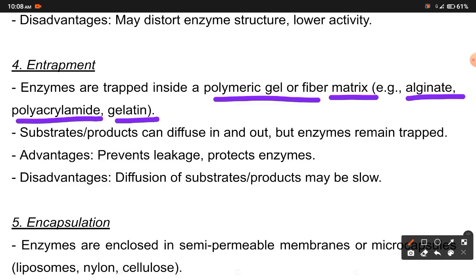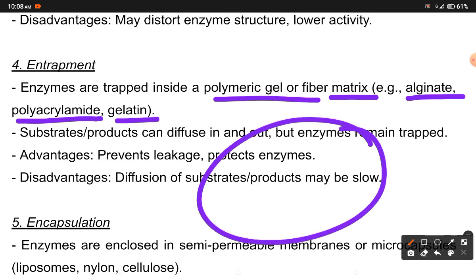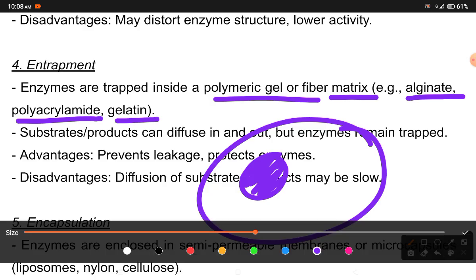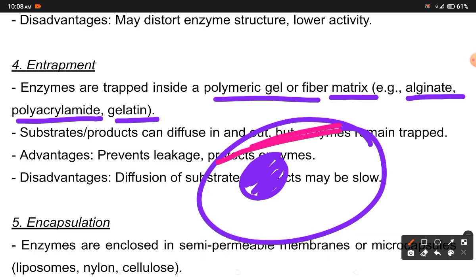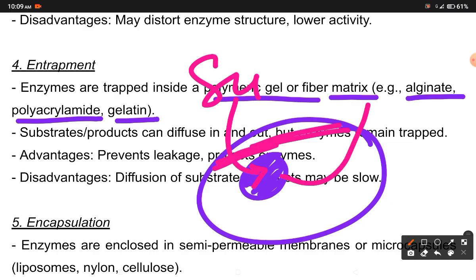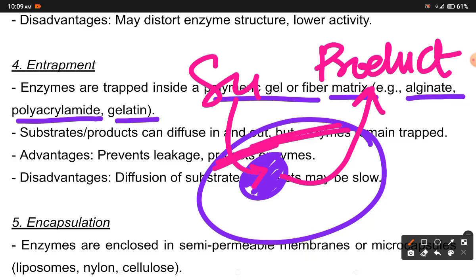Substrates or products can diffuse in and out, but the enzyme remains trapped. The gel may have some pores. The substrate comes in, meets the enzyme, reacts with it, and then forms the product. So this is the concept of entrapment.